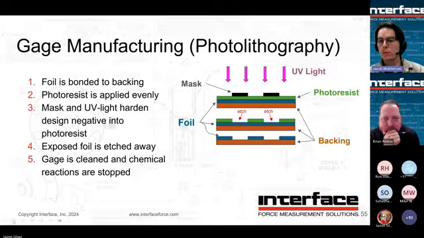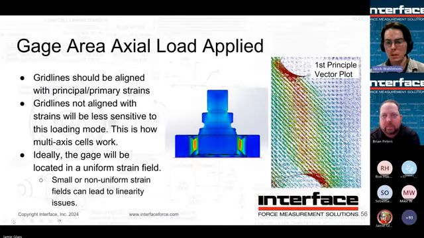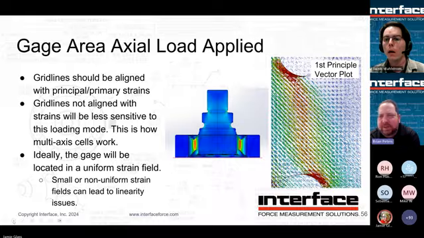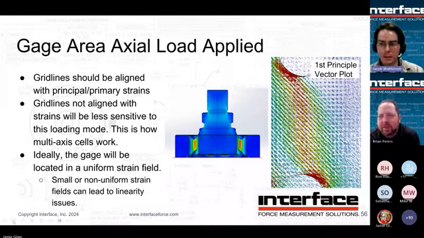And once all that's done, you're left with your gauge. Next slide, please. Jacob, that's the process Interface uses to manufacture our proprietary gauges, correct? Yes. All right.